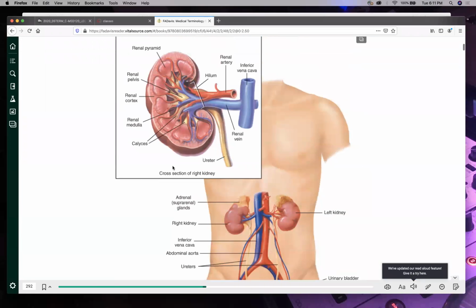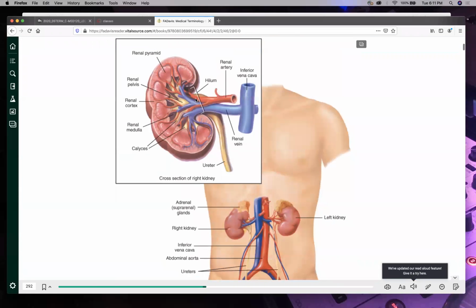Let's say, for example, last time I ordered a pyeloplasty for surgery, I had a patient who was riding his Kawasaki Ninja motorcycle, and he crashed and rolled around the ground. He rolled around so hard, he had what is called a torsion injury. It pulled on this and separated his renal artery, renal vein, and his ureter from the hilum.